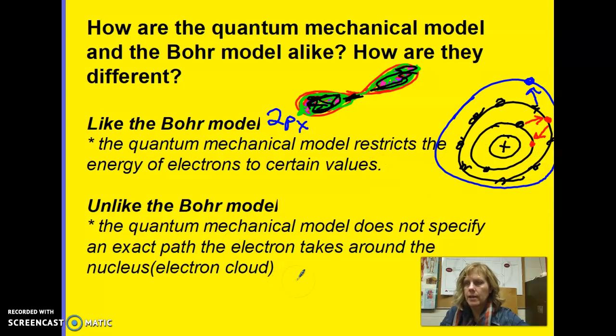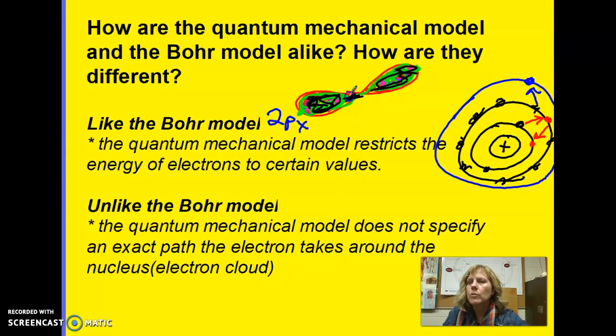They are unlike each other in the paths. This path thing that the Bohr model does, even though it's super easy to draw, is not super accurate. Because really, the exact path of the electrons is not known, and we think of it more as a cloud.